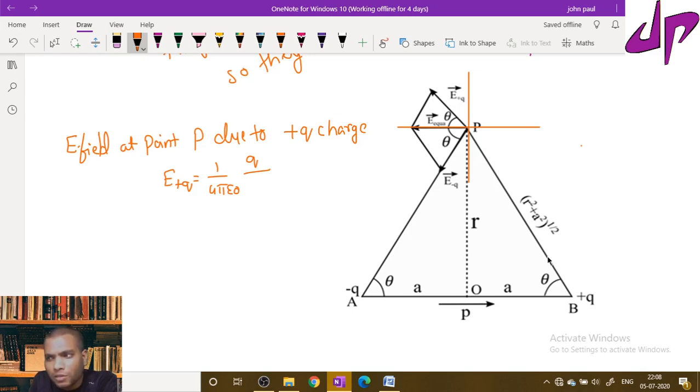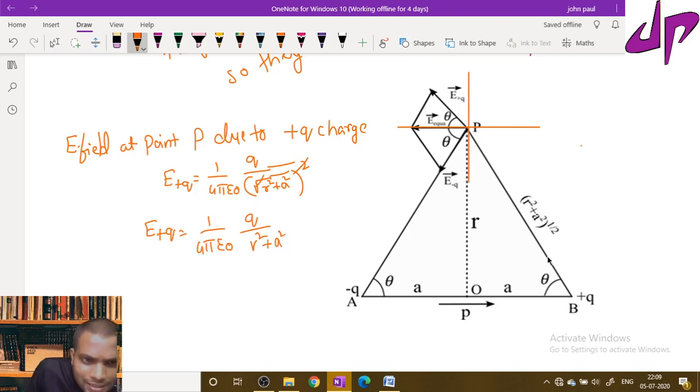Here it is the square root of r square plus a square, and when we square it the root cancels, so the electric field due to plus q charge equals 1 over 4 pi epsilon naught times q upon r square plus a square.